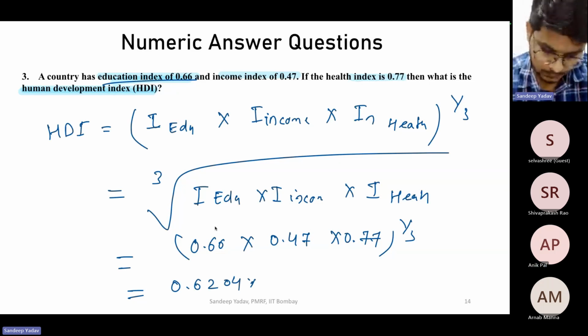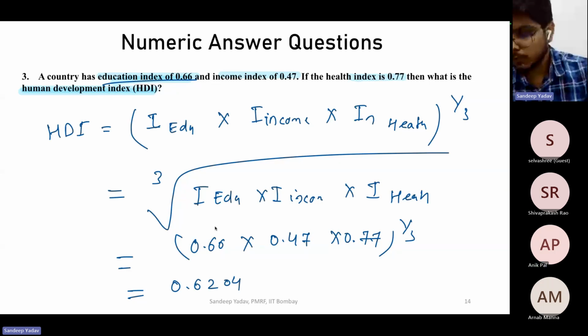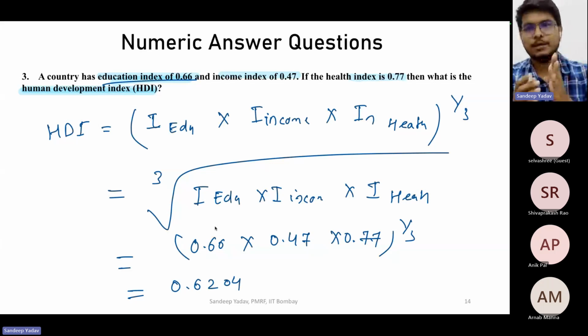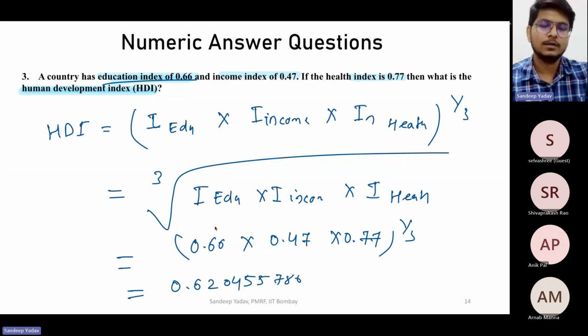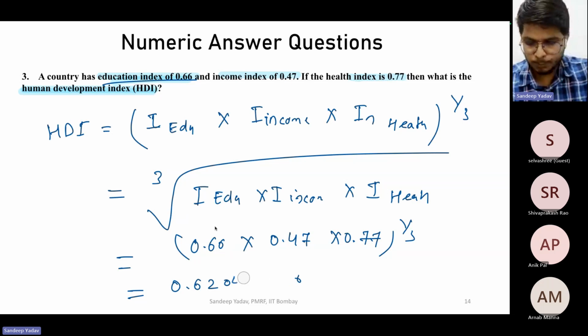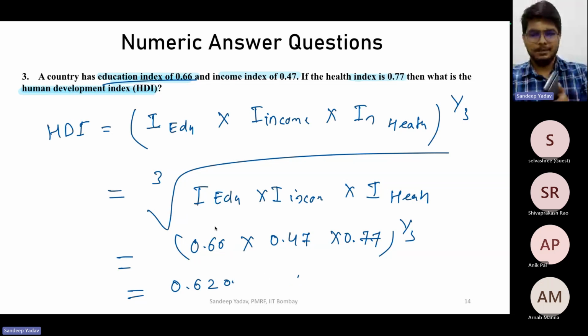Yeah, correct. Now the one problem you will face is how many digits we should write. If you see this answer, 0.6204555786, you don't need to write such a long answer in the numerical answer type. Mostly there will be a range given.